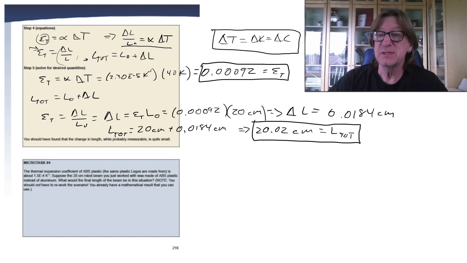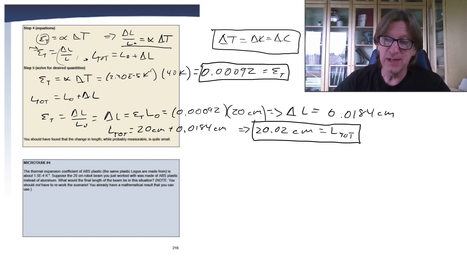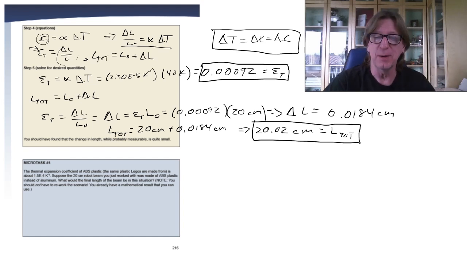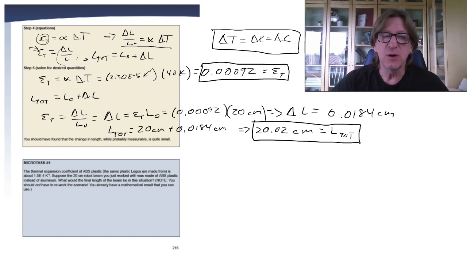Now, aluminum is an excellent choice for making robots. You may have seen Lego Mindstorms. That's another robotic system that's commercial, but it's fairly popular. Now, Legos are made out of ABS plastic, so the coefficient here is quite a bit different. It's 1.5 times 10 to the minus 4 Kelvin to the minus 1.